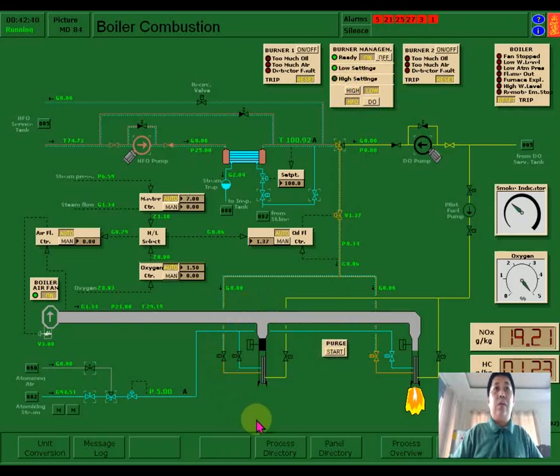I want this burner number one to start automatically so that we can increase the steam pressure, as part of our discussion of how your steam is being controlled. So I transfer here to high combustion.